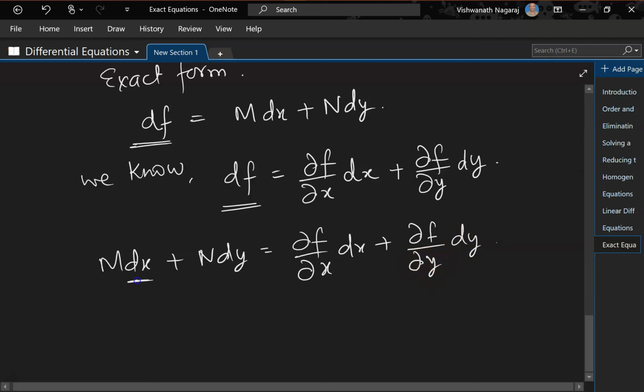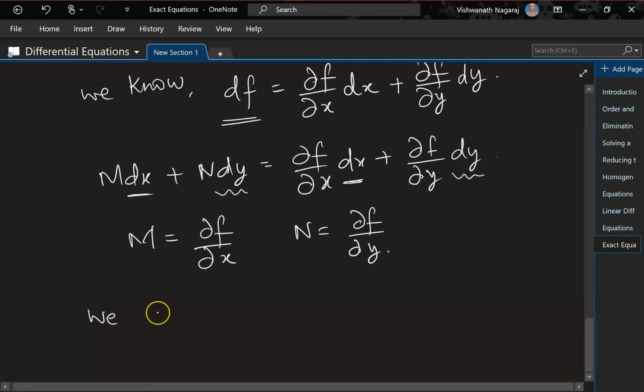Now compare the coefficients. Since equality is there, the coefficients of dx should be equal, so M = ∂f/∂x, and N = ∂f/∂y.